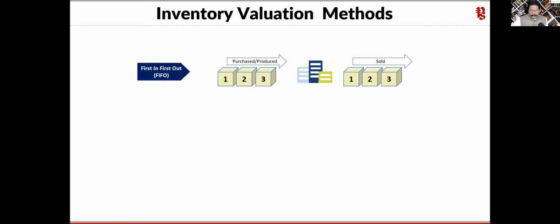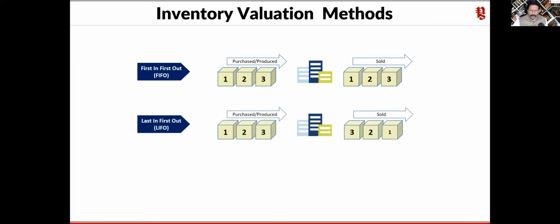The second valuation method is LIFO. LIFO stands for last in, first out. So you would have understood, right? In this method, the way the system will compute your closing stock value is that whatever came in last will go first.